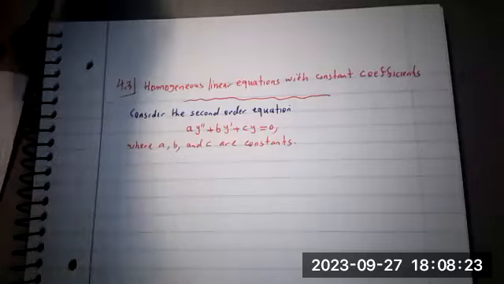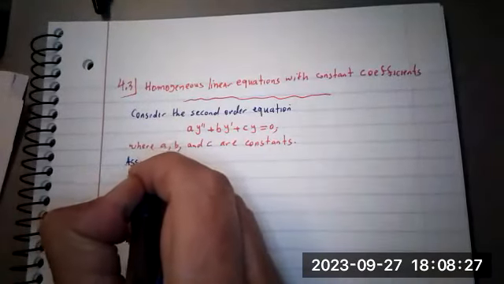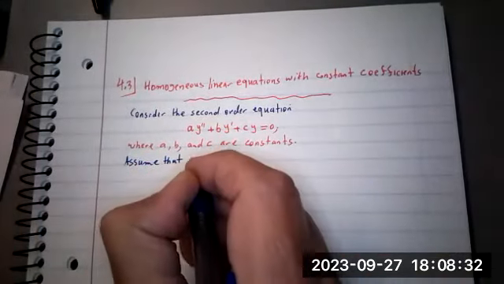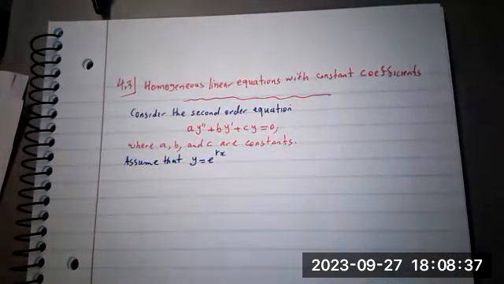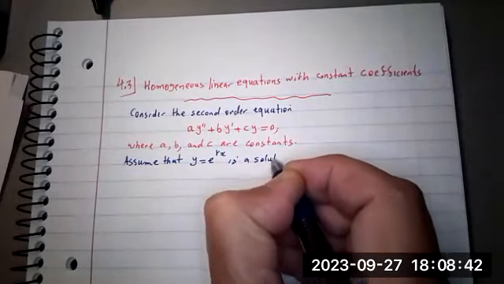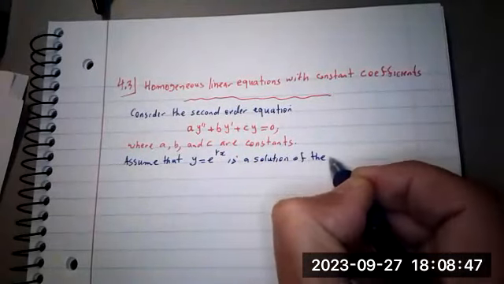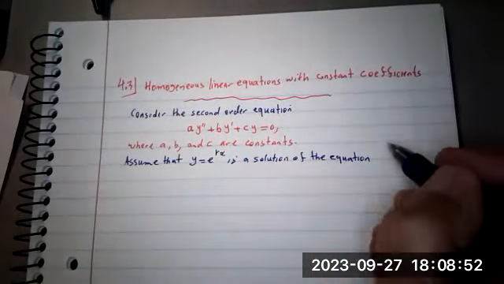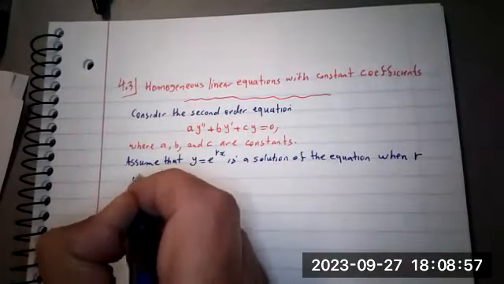We assume, as we did before, that y equal to e to the rx, where r is a number, is a solution of the equation.